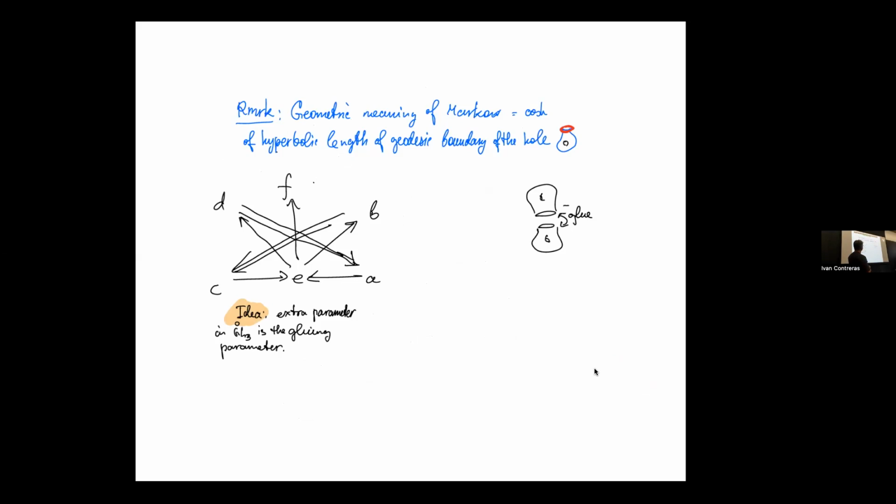Now, the geometric meaning of the Markov element is just the geodesic length of the hole of our torus. And the fact that the lengths of the 2 holes coincide means that we can glue these 2 tori with holes to each other.